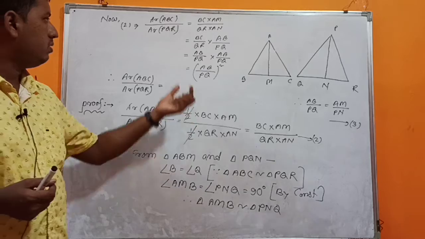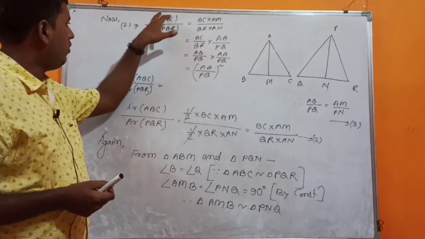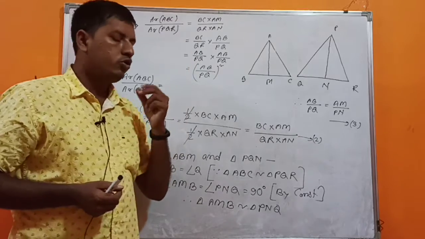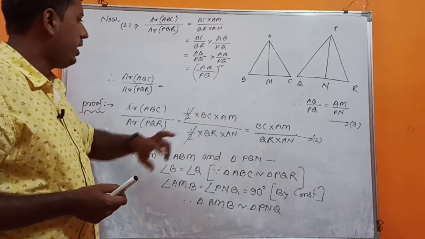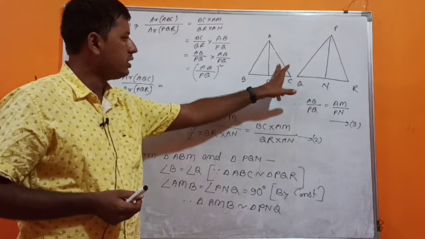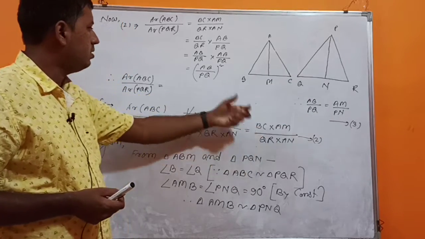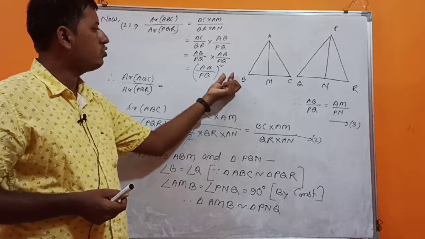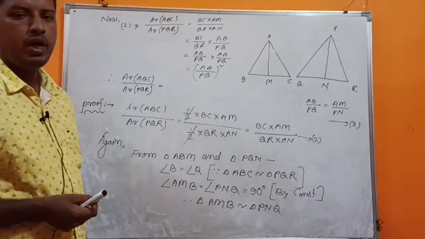I have got only area of this by this equal to this, but in equation 1, if you go through, you will get AB by PQ is equal to BC by QR equal to AC by PR. It means AB by PQ whole square equal to BC by QR whole square equal to AC by PR whole square.